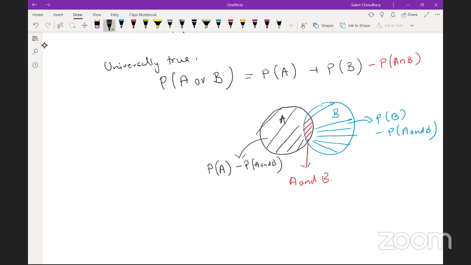And if you add up, this is the red area that I'm going to add up now.